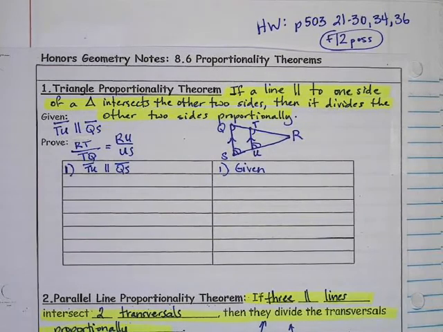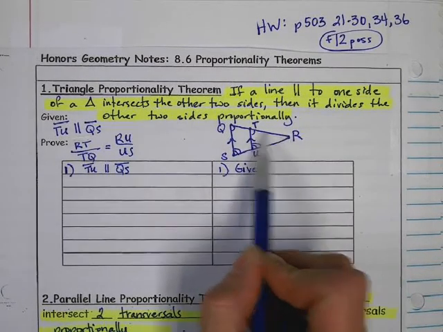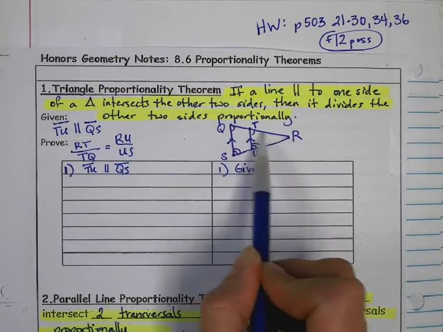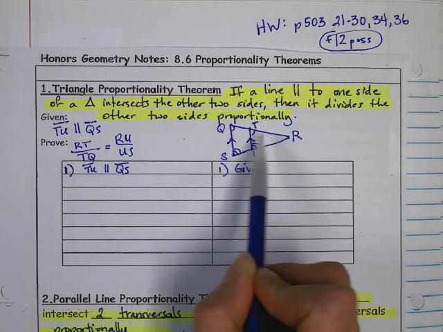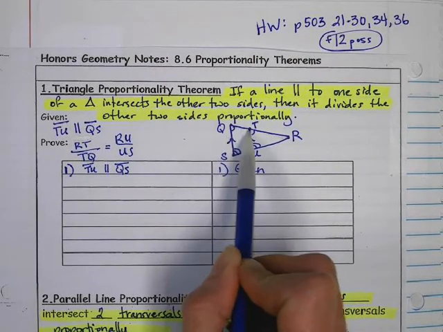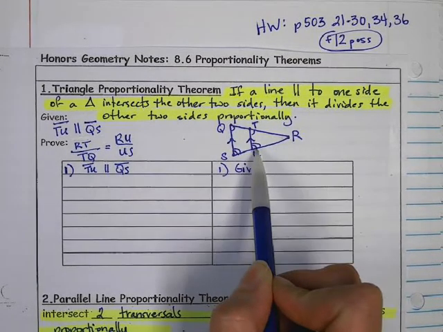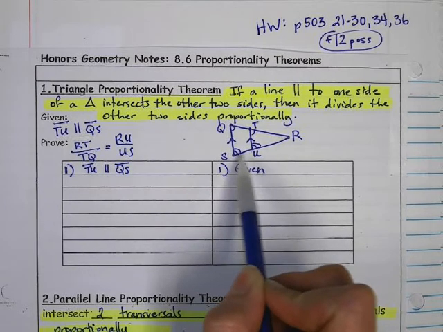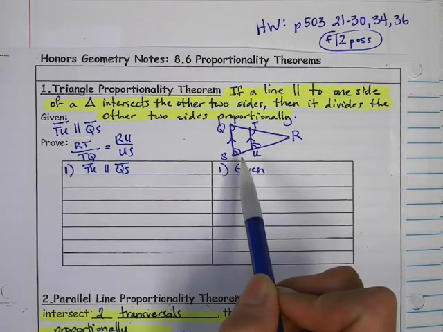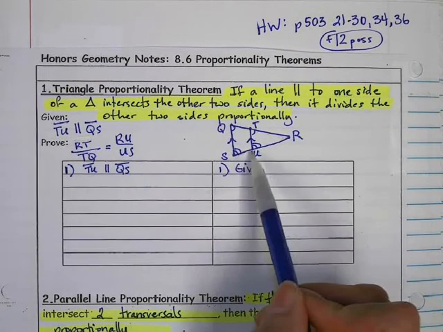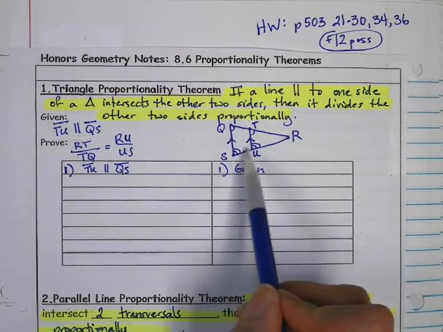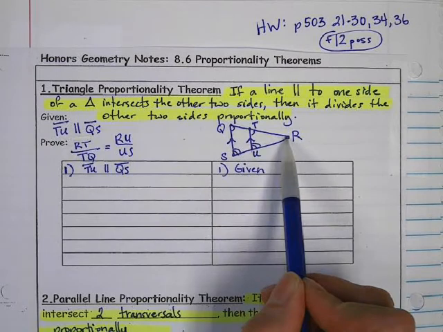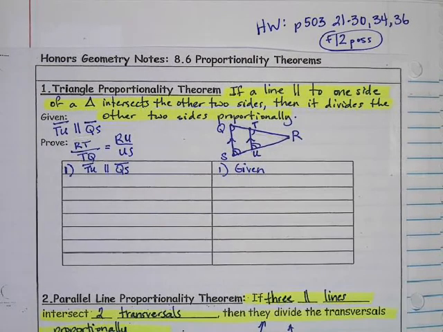side. But what we're going to do today is prove that not only is it proportional to the entire side, but TR over TQ is proportional to RU over SU. So just little pieces are proportional, which is weird because we're going to pull this triangle, just part of the triangle, out and not use the entire side there.